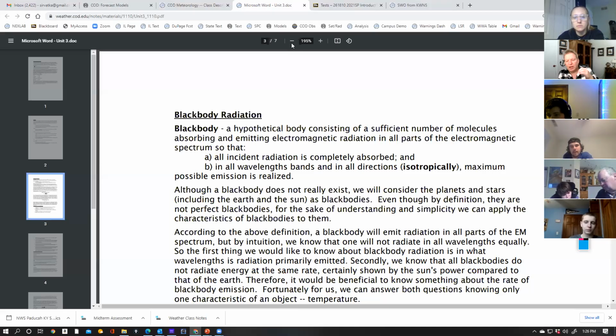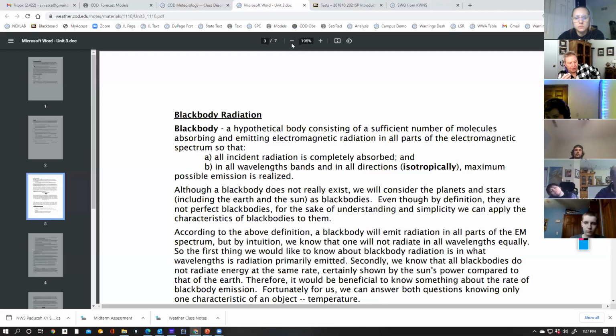So when we're talking about a black body, what's doing the action? And more importantly, what is the action? It's whatever we define it as. Well, look what it says in the definition that you have in front of you. Molecules. What's the action? Absorbing and emitting electromagnetic radiation.